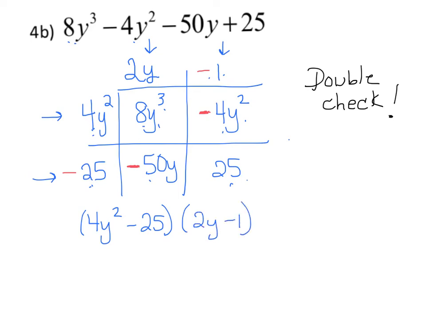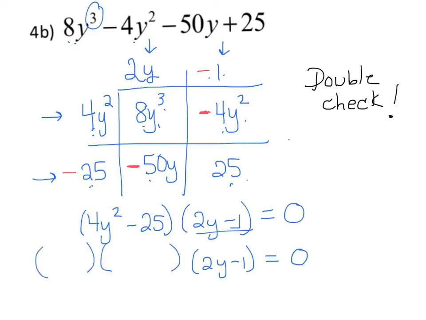So I have 2 factors right now, but this is a third, so I should have 3 factors. So I can't do anything else with this one. This one's going to stay. But I can find factors of 25 that subtract to get 0, because these are perfect squares, and that's the next example.